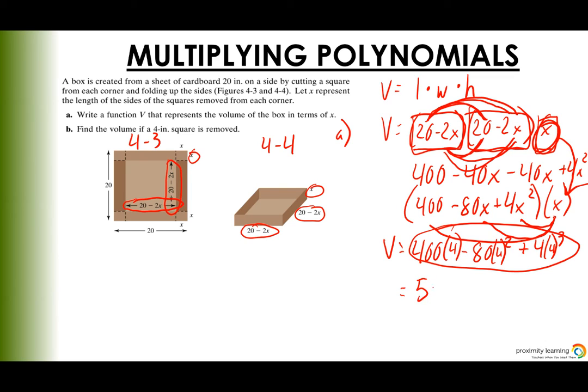Because we are dealing with volume and inches, our unit of measurement is inches, and since it's volume, we've got to do inches cubed. Okay, so that is it for multiplying polynomials. We will see you for lesson 5.